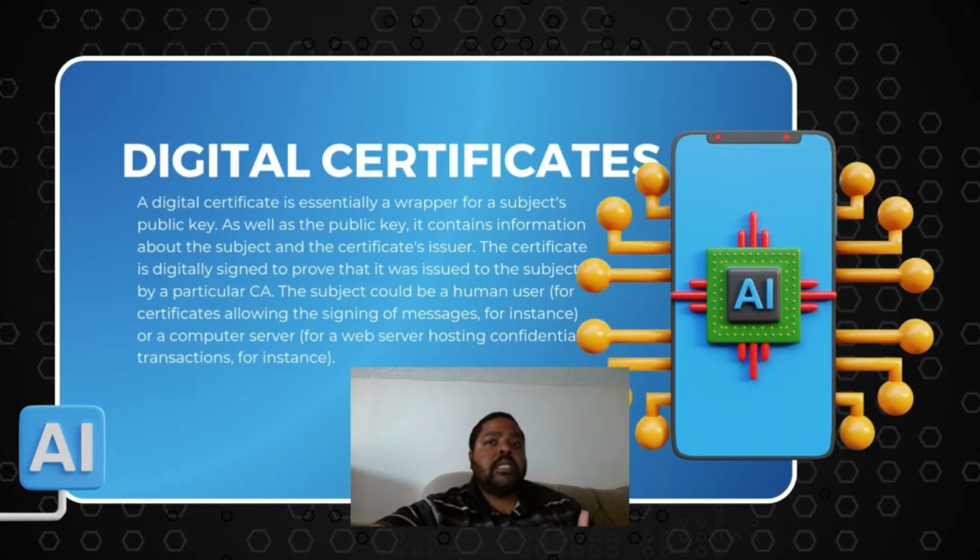So that's why it's important to have a digital signature on your website, using a secure protocol such as HTTPS.